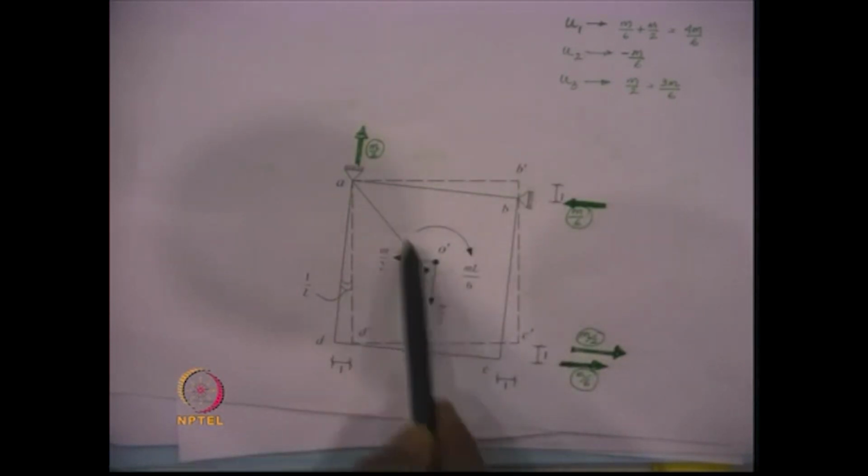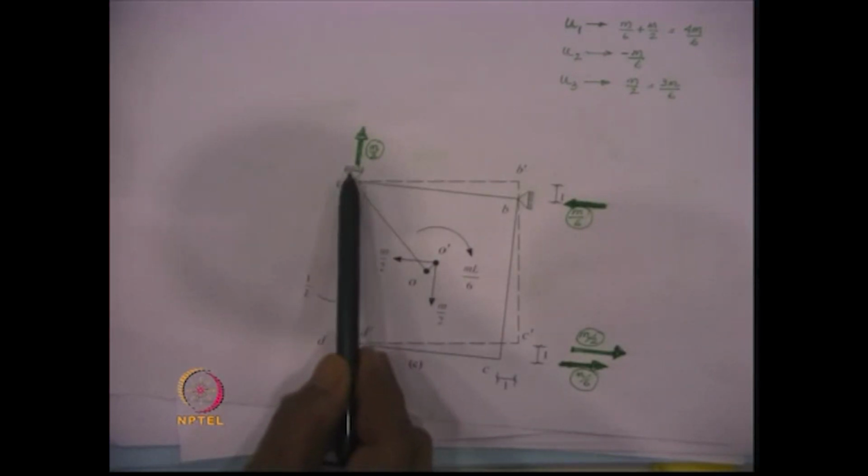Now, since the entire system has to be in moment equilibrium, there is a force generated here and here. These forces are m by 6 and m by 6 multiplied by L, that gives ml by 6, a moment which is opposing this ml by 6. So, the reaction over here is m by 6, the force generated here is m by 6.